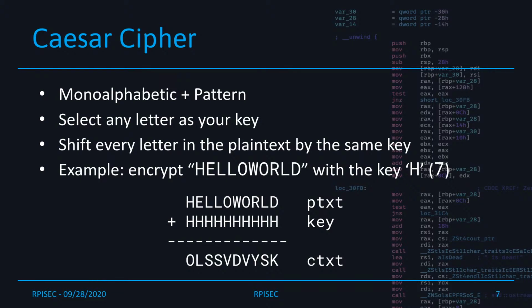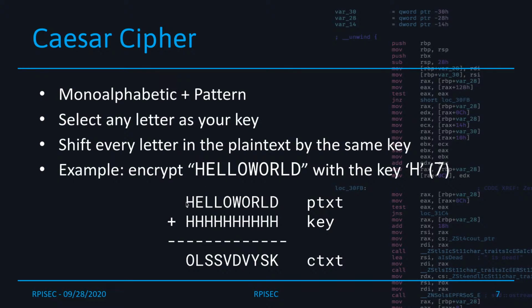So for example, if we choose the letter H as our key, H corresponds to the number 7. So if we want to encrypt the plaintext hello world, all we do is we add 7 to every letter in the plaintext, and then if it goes over 26, then we just mod by 26.